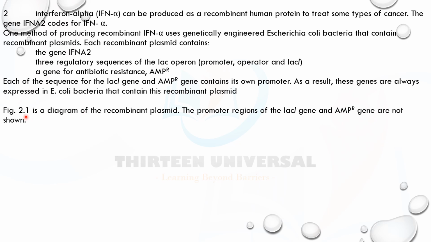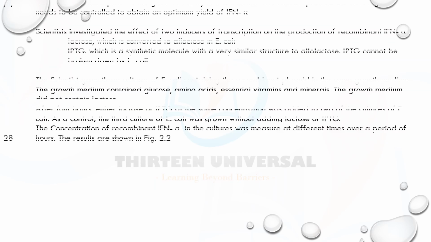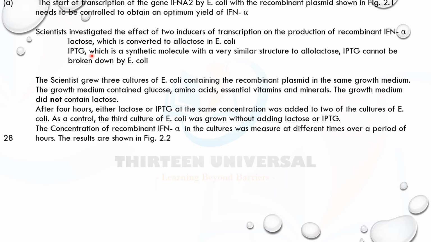Now, let's go on. Fig 2.1 is a diagram of the recombinant plasmid. The promoter region of the lac-I gene and the AMPR gene are not shown. So look at it, guys. This is the promoter and operator for this gene; the promoters for this gene and this gene are not shown. All right. Look at the question. Now, another background information.